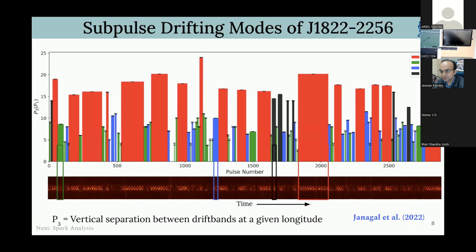We did this exercise for the whole data for both epochs, and the bar plot on the top shows these P3 values. The different colors correspond to the different drift modes in the corresponding rotated pulse stack below. The values are not a constant number, but they actually form some kind of a distribution.